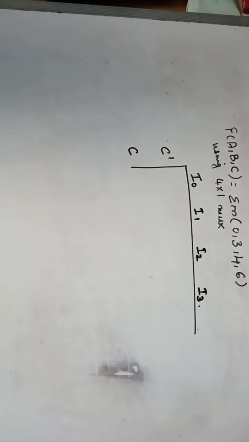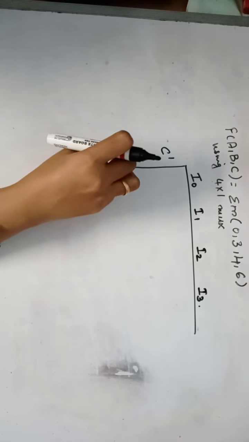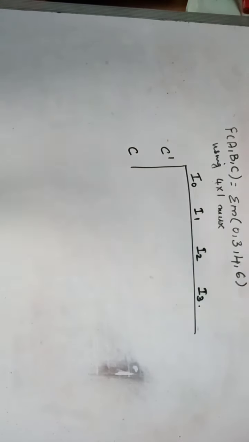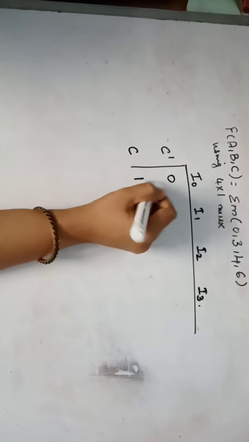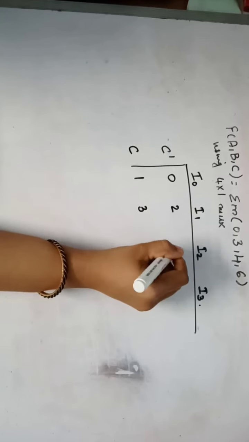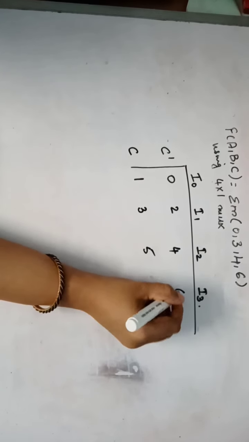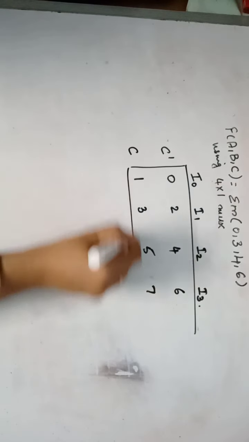Next, if you are eliminating the LSB, which numbers did you group? 0 and 1. So those numbers I'll write vertically. 2 and 3, 4 and 5, 6 and 7. These are the numbers I grouped.